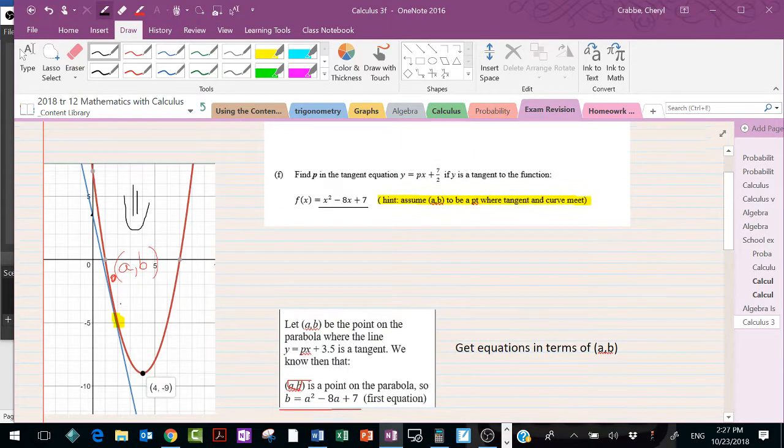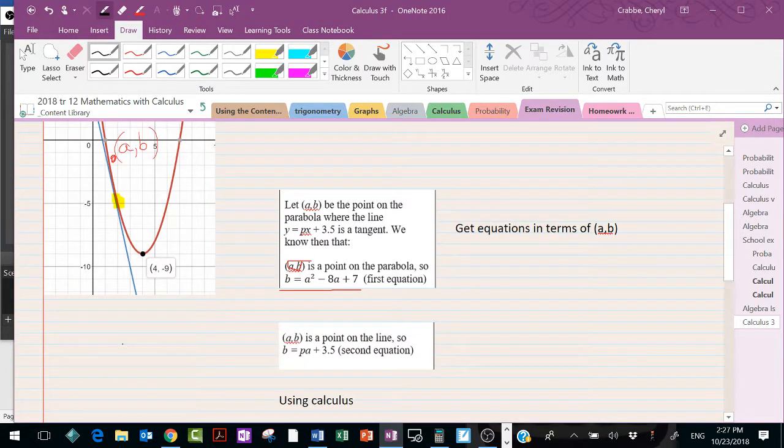It makes sense that it's going to hit to the left of 4 and -9, because that's the vertex of the parabola.